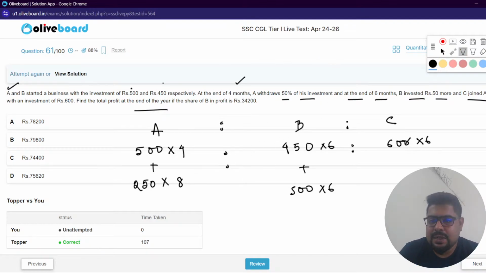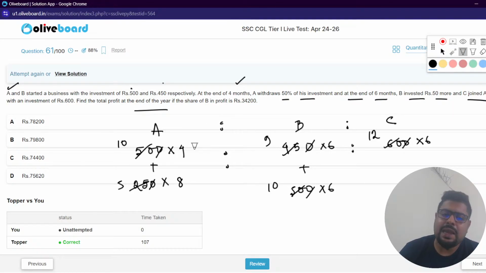Just calculate, sir. 5 10, 5 5s, 5 9s, 5 10s, 5 12s. Anything more, sir? I can take another 4, I guess. So 2 here, 4 here, 3 here, 3 here, and 2 here.